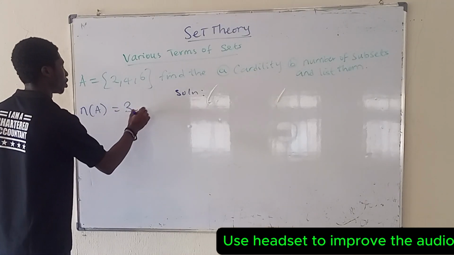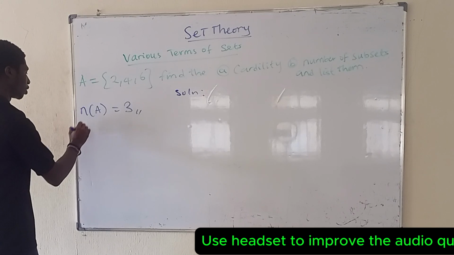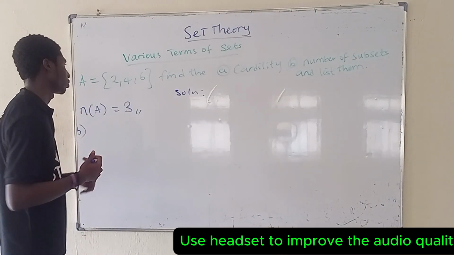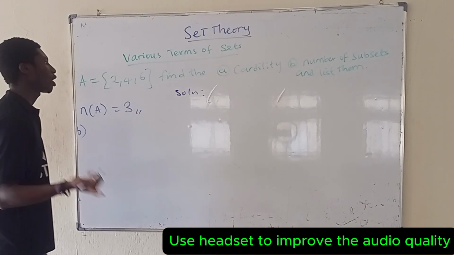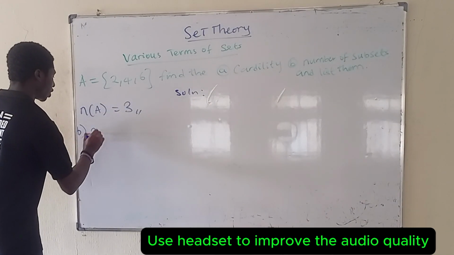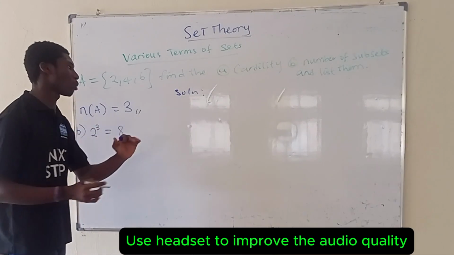So therefore 3. This will be the answer to A. Now for B, we should find the number of subsets and list them. Now, the number of subsets will be 2 raised to the power of n. So 2 raised to the power of 3 will be equal to 8. So we have 8 subsets.